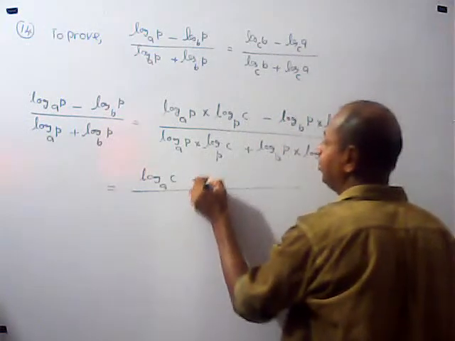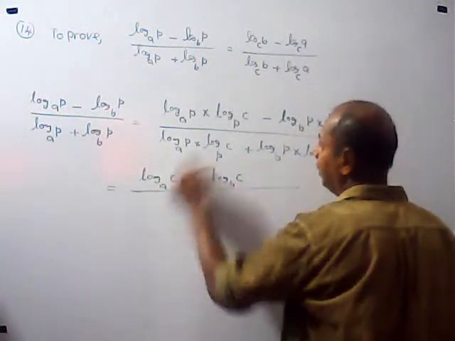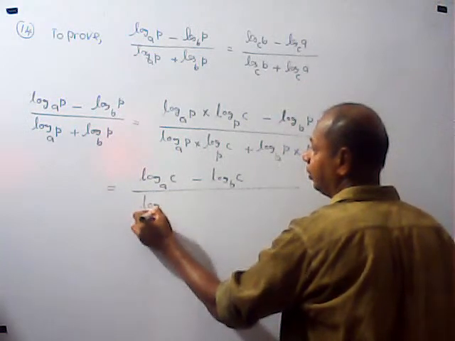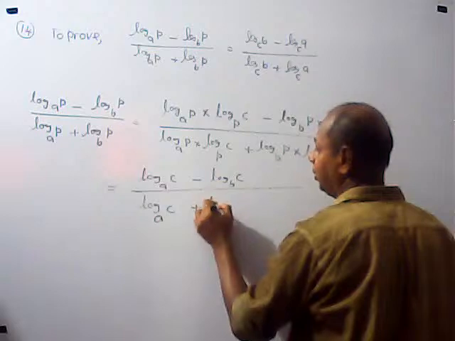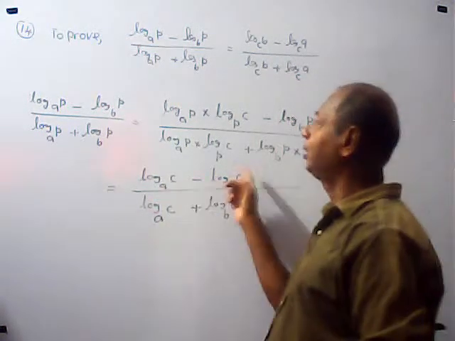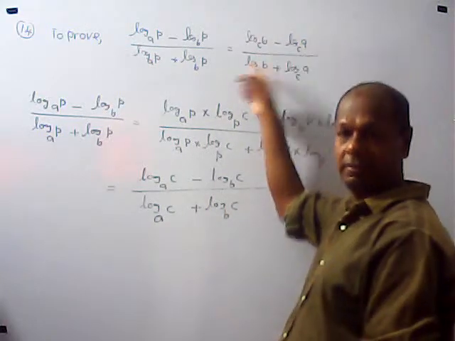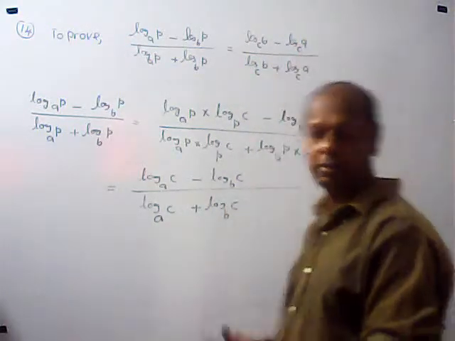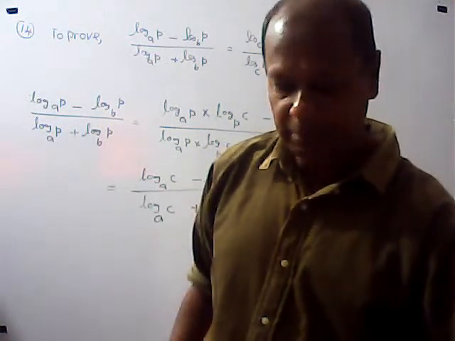BP times PC is BC. Again AP times PC is AC, plus log BC. But this is not the answer. In the answer, we need C at the base. Everywhere we need C at the base. So you know what to do. You can make it happen. Just change the base everywhere.